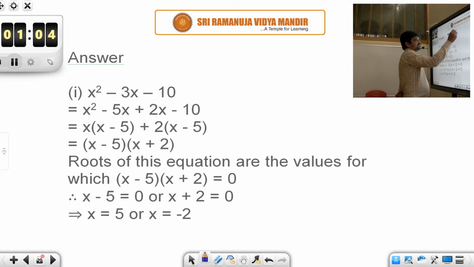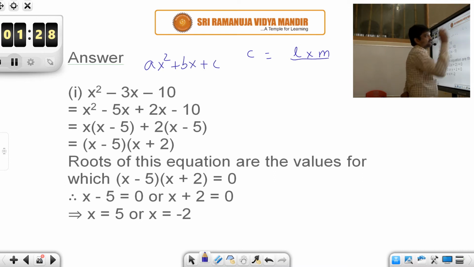Express the constant term C as a product of two numbers. Try to express the constant C in the quadratic equation as a product of two numbers.